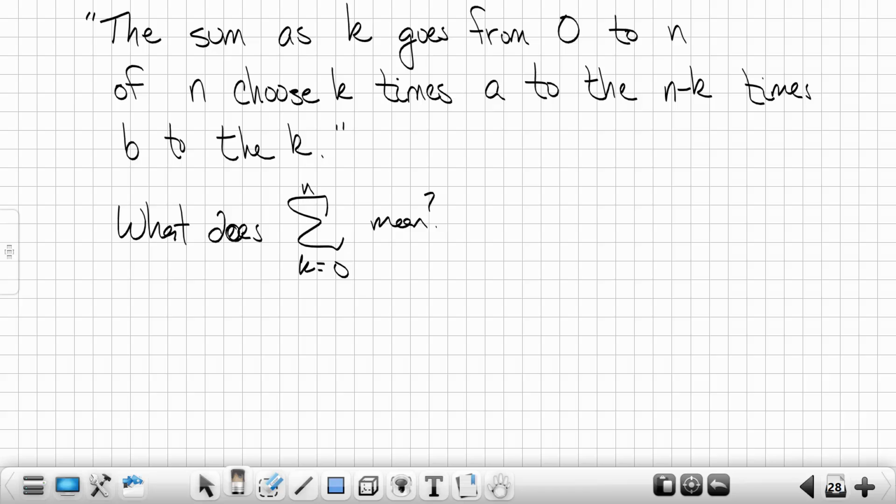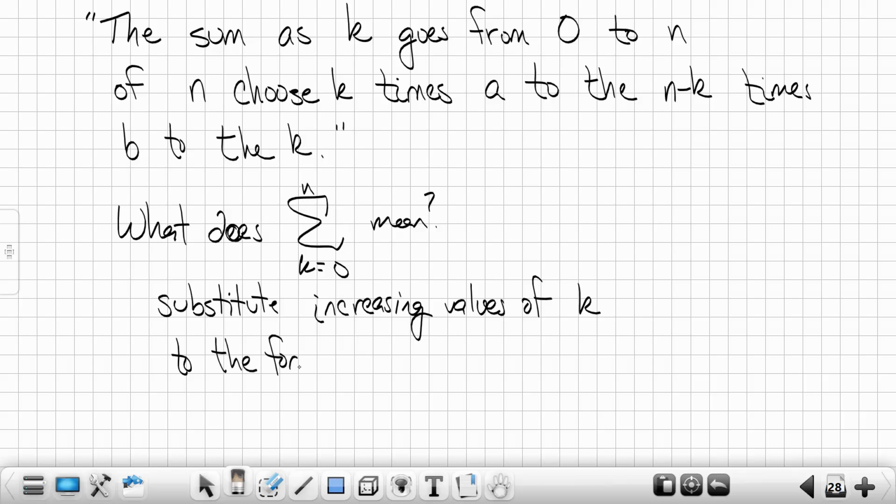It means substitute increasing values of k into the formula and stop at n. Add each term.